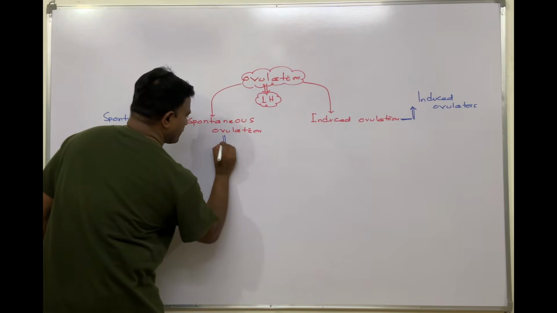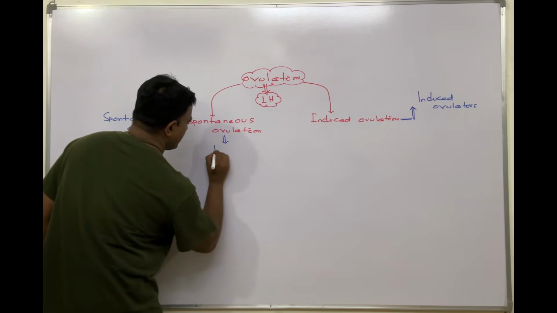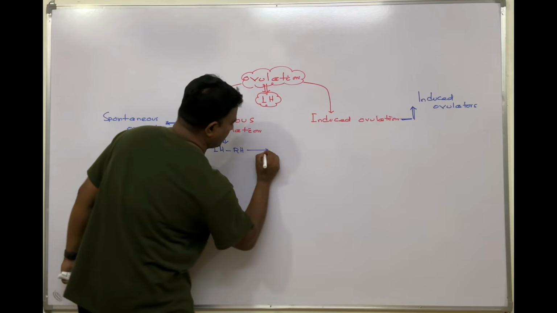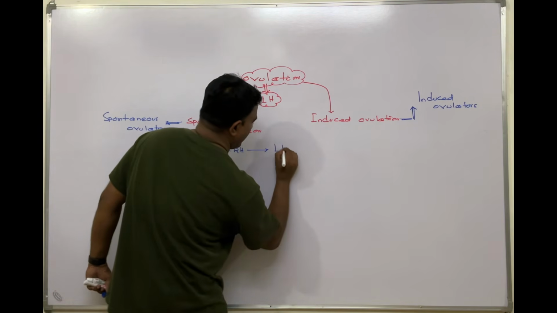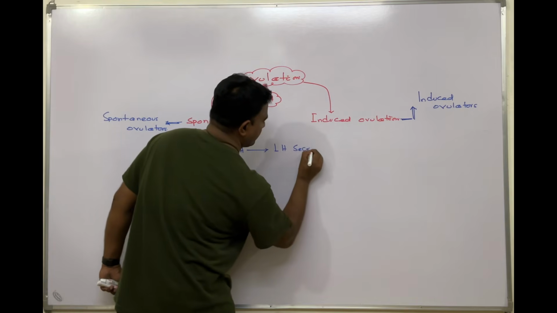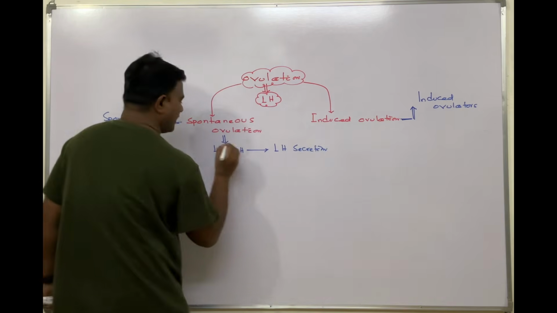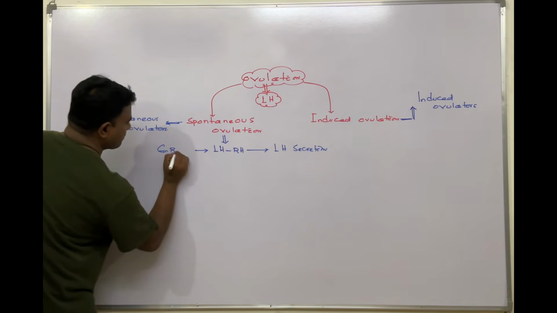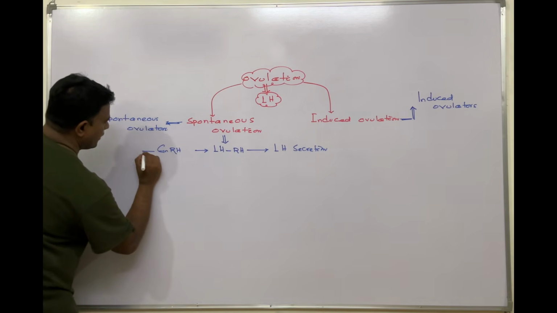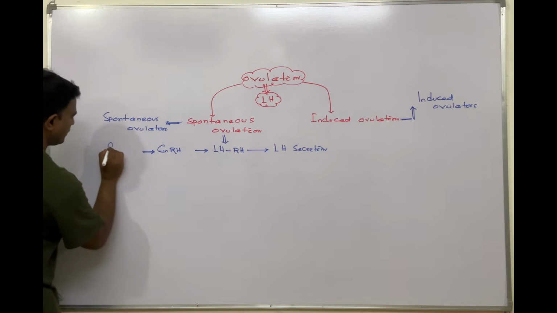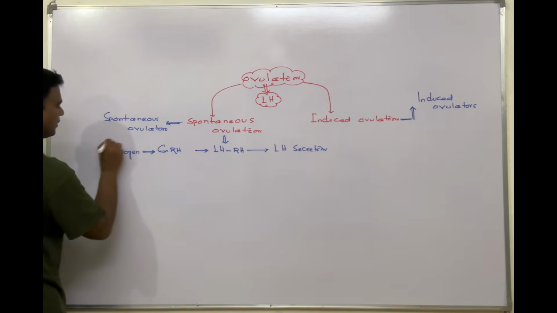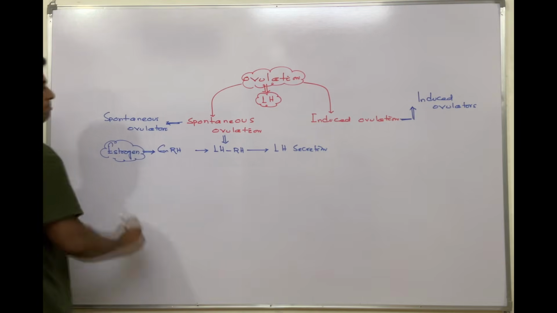Spontaneous ovulation means ovulation which occurs due to LHRH secretion followed by LH secretion, and this LHRH is secreted as a base point of GnRH because of the estrogen secreted from the graafian follicle or the matured follicle.